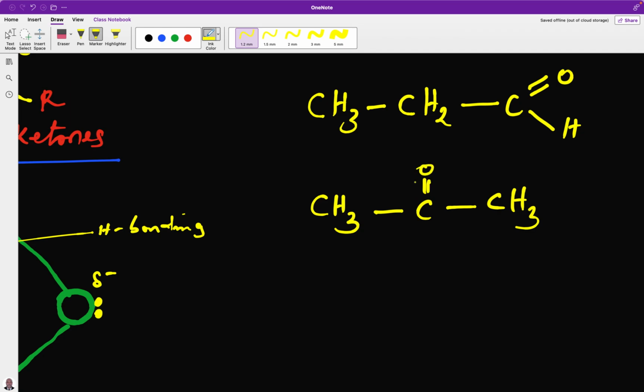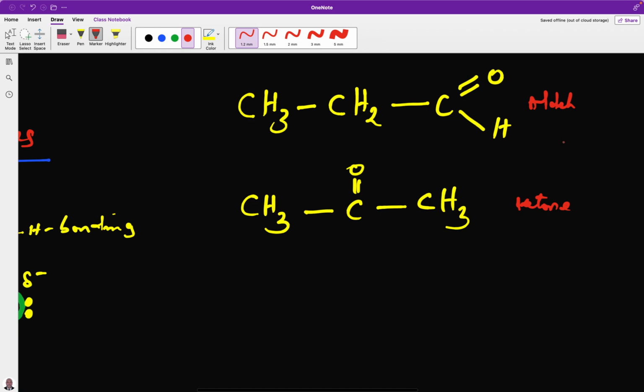Okay, these are ketones. This is a ketone. This is a ketone, and this is an aldehyde. This is an aldehyde.